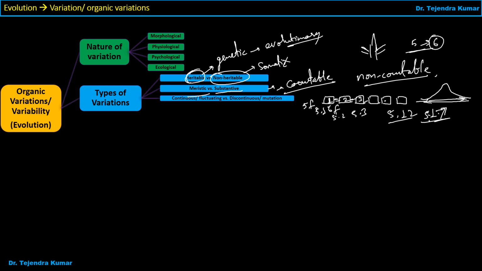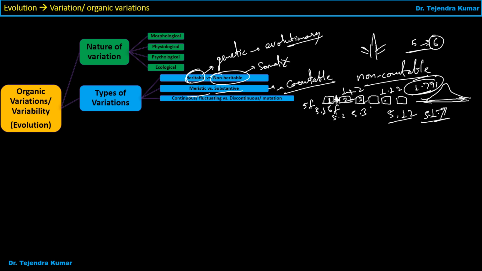Similarly, in data we generally see continuous data, or sometimes discrete data. If we are talking about only 1 to 2 and nothing is found in between, then this is discrete data. But if we find 1.1 to 1.11 and so on, this is a continuous variation.